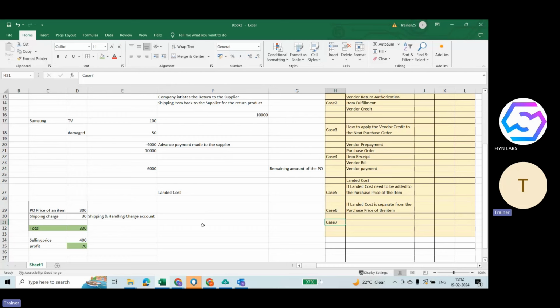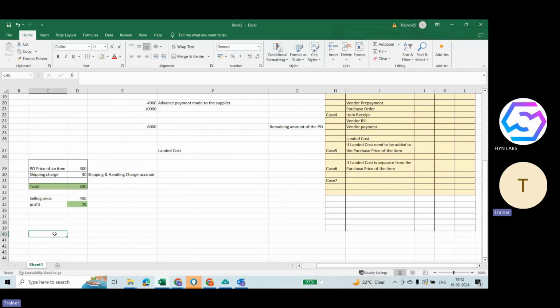Okay, so if I say it this way, there is a supplier, I would say vendor one. That vendor one is selling a product at a price of $3,000, for example.